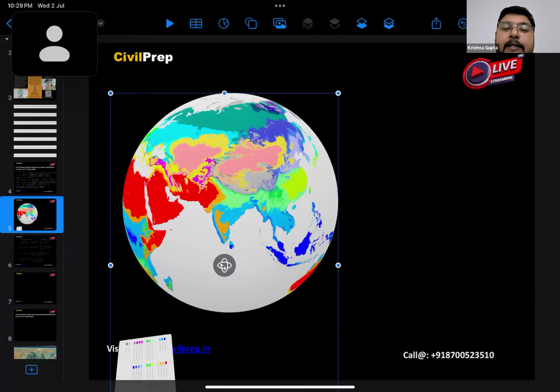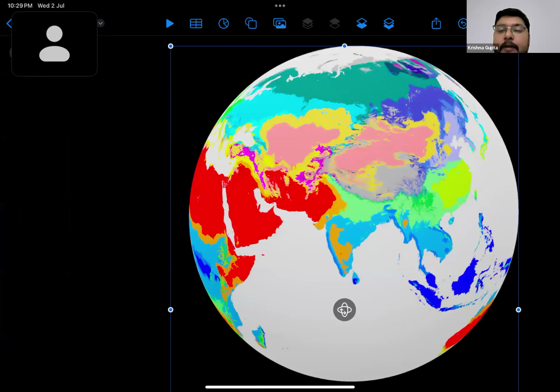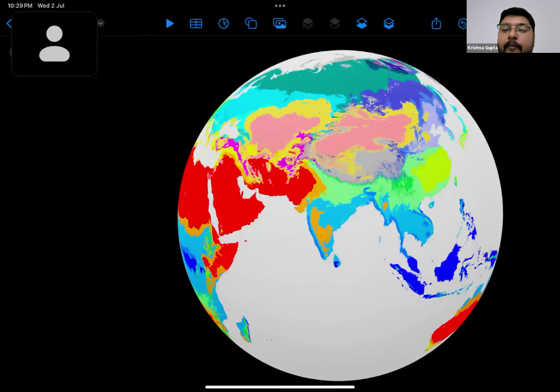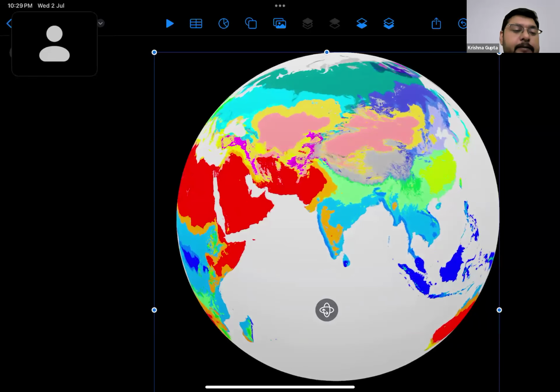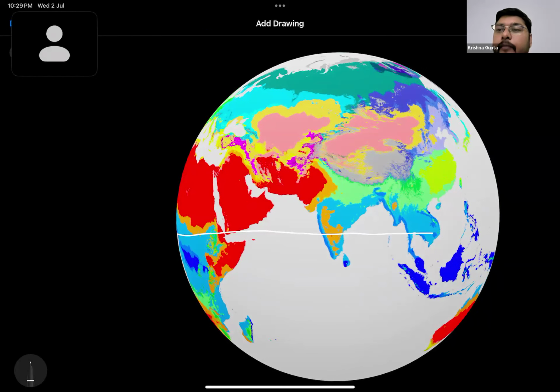Now let's look at this 3D model here, which gives us a basis for the understanding of Köppen's climatic classification. Now what I can do here is mark the zones.